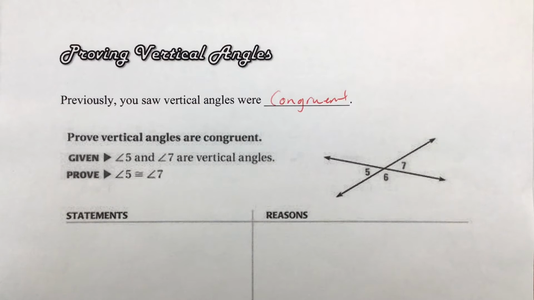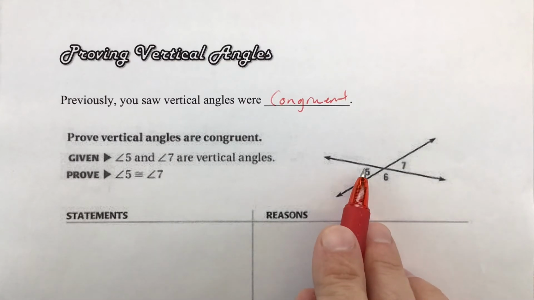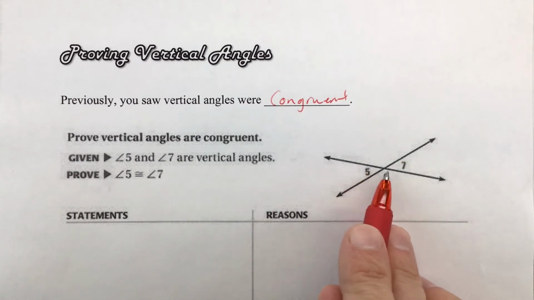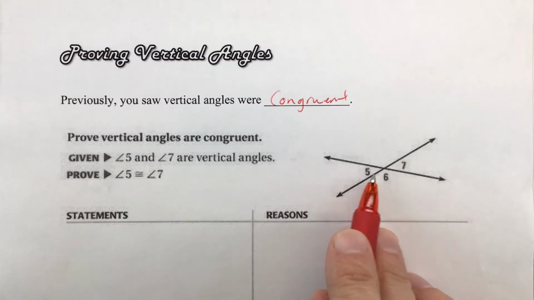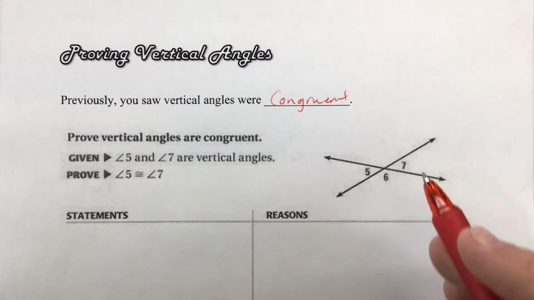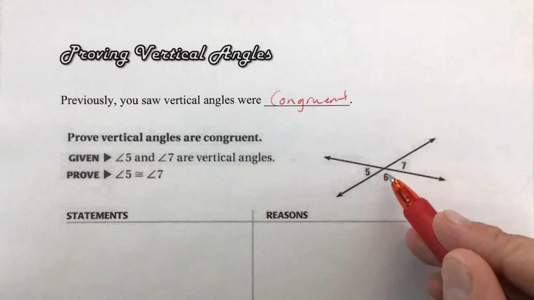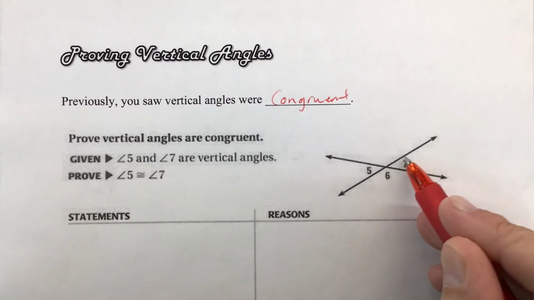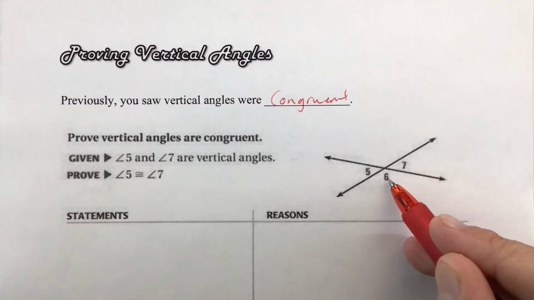The way that we looked at this beforehand, we looked at the linear pairs of angles first, and we talked about them being supplementary. Like angle 5 and angle 6, they're side by side, adjacent, they make a straight line. Those two angles are going to be supplementary with each other. As well, 6 and 7. They're adjacent to each other, they make a straight line, they're going to be supplementary.